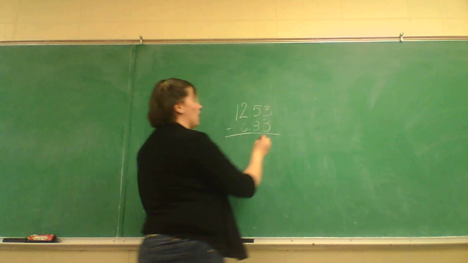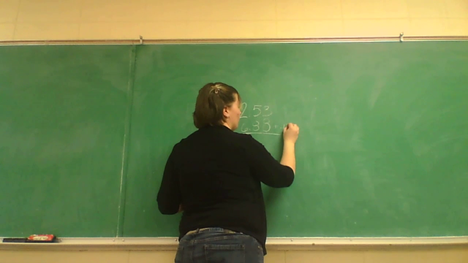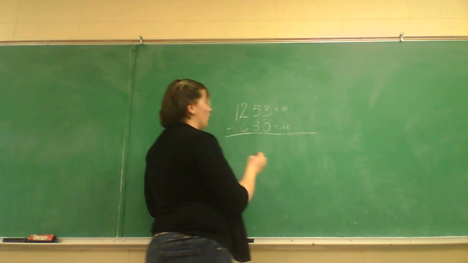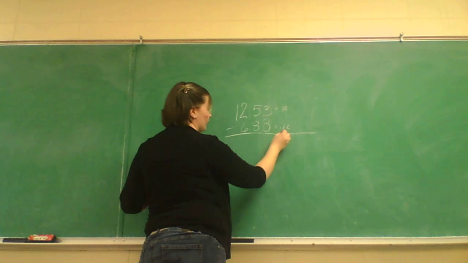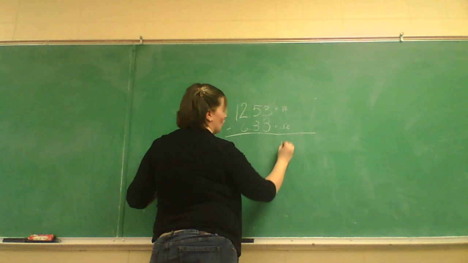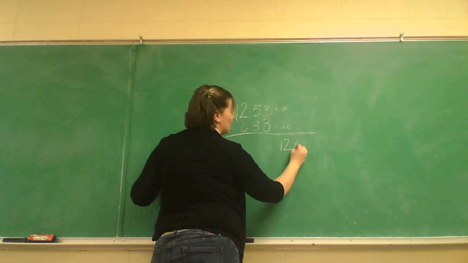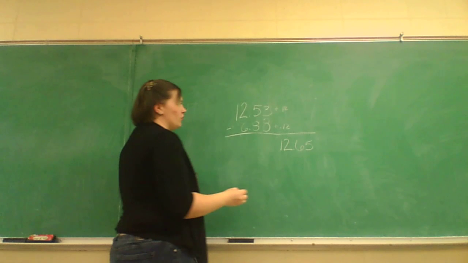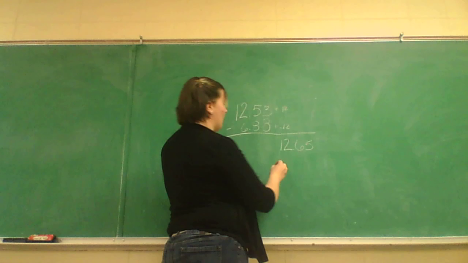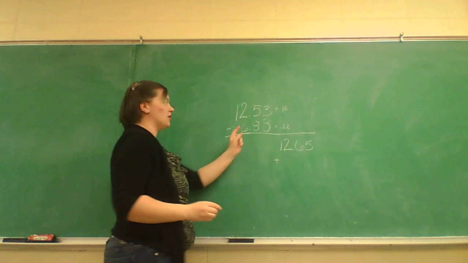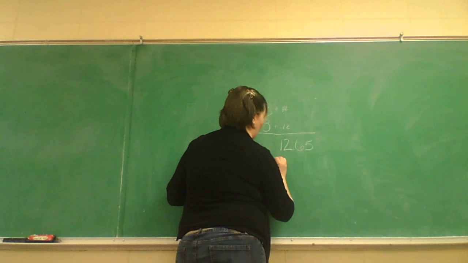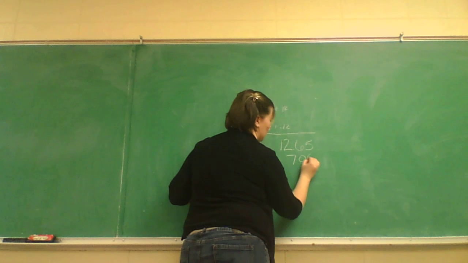So we're going to balance it out. So we're going to add 12 hundredths to both. So then we're going to get 12 and 65 hundredths. So we're going to do 12 and 53 hundredths plus 12 hundredths. And then we add 12 hundredths to 6 and 88 hundredths, and that's going to give us an even 7.